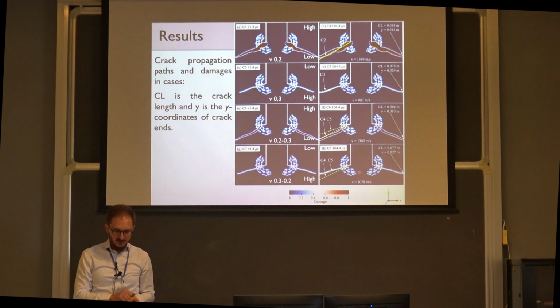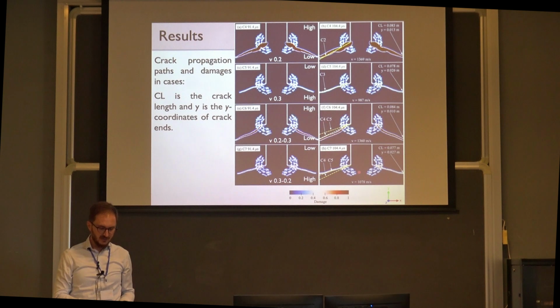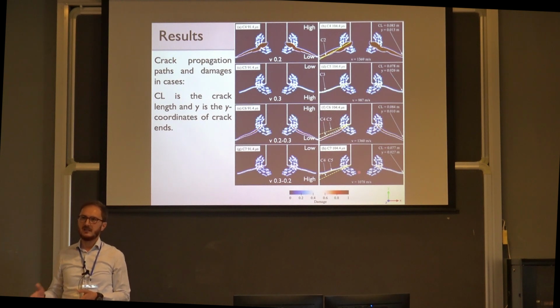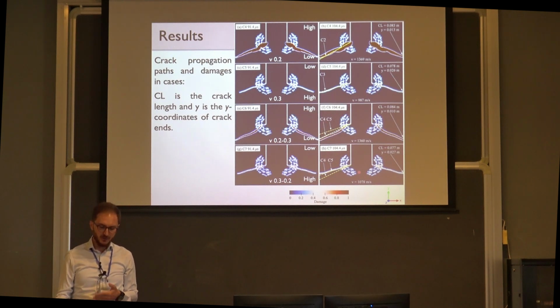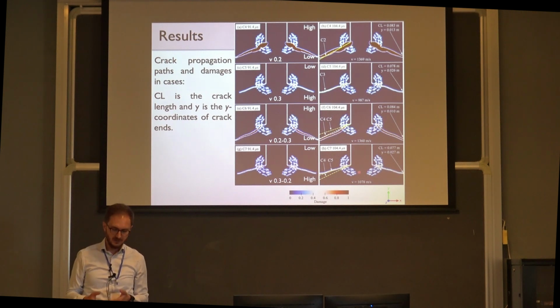Case 4 and case 5 are the same model as case 2 and case 3, but the Poisson ratio is different. We decrease it to 0.2 in case 4 and increase it to 0.3 in case 5.